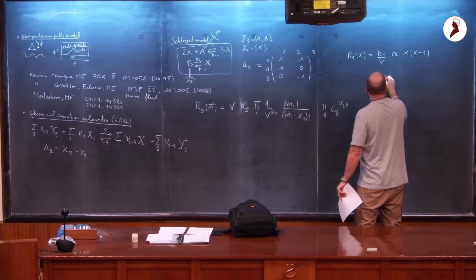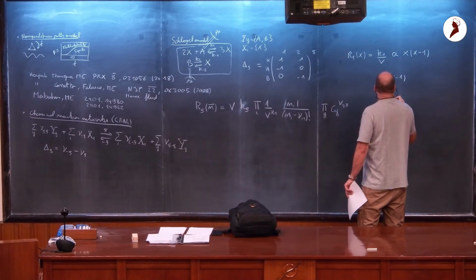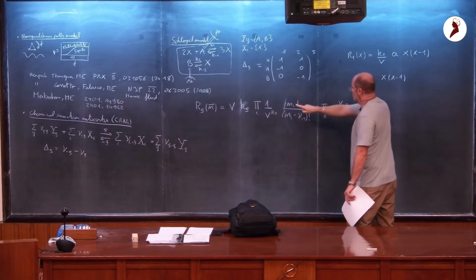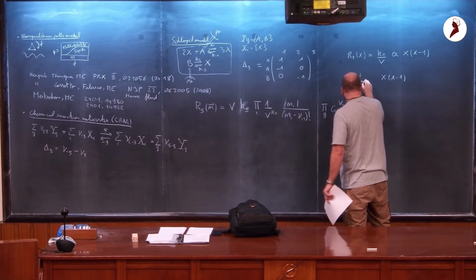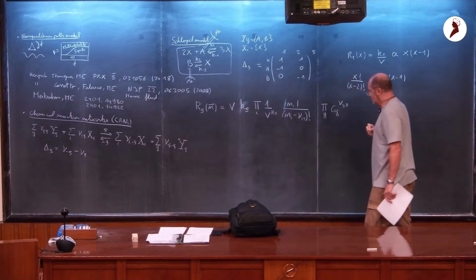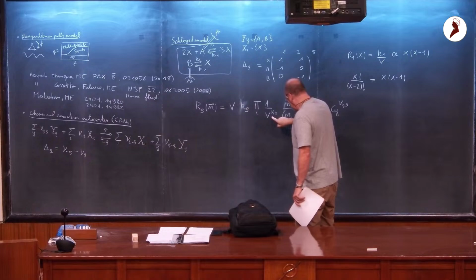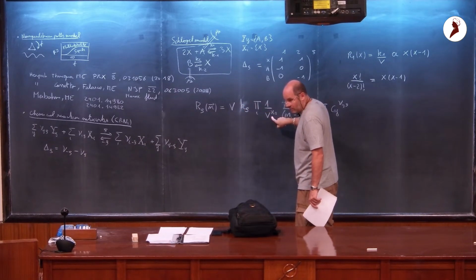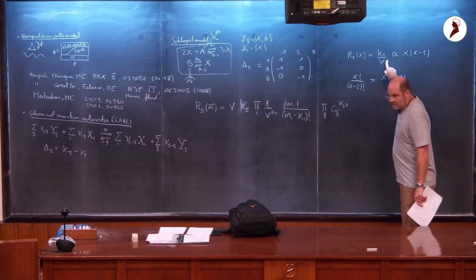So X times X minus 1, that's this term. It's equal to this. And now in terms of volume, we have 2, so V and 1 over V, 2, it's V. And so we have this, okay?